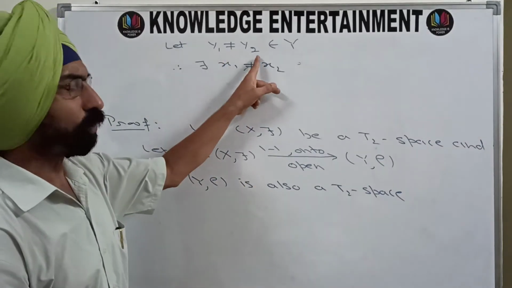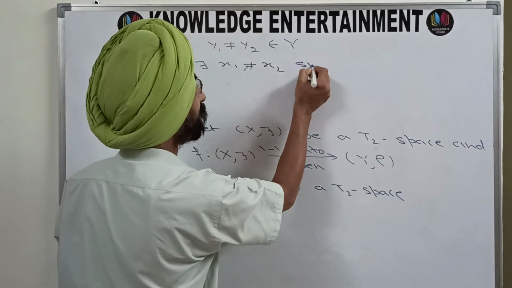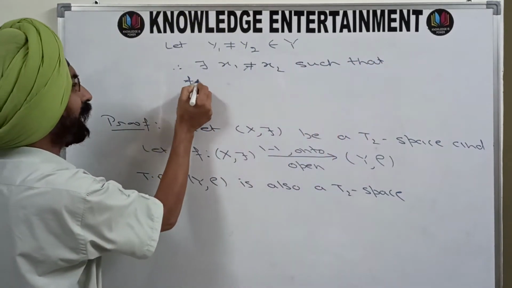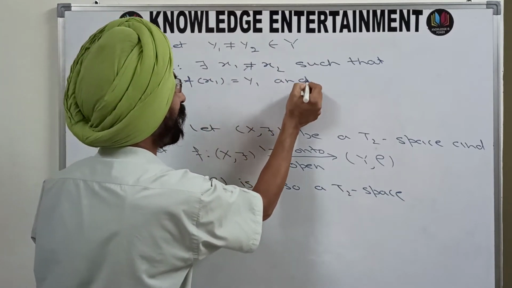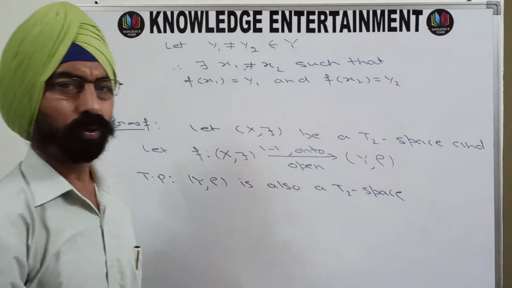So if Y1 is not equal to Y2, then X1 will not be equal to X2, such that f of X1 is equal to Y1 and f of X2 is equal to Y2.